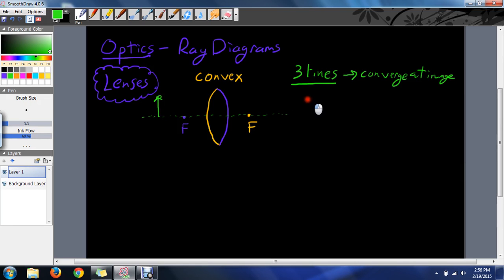So these lines will be essentially the exact same as the lines we saw for mirrors, except one key difference. First of all, the light goes through the lens. I guess 2 key differences. It goes through the lens.